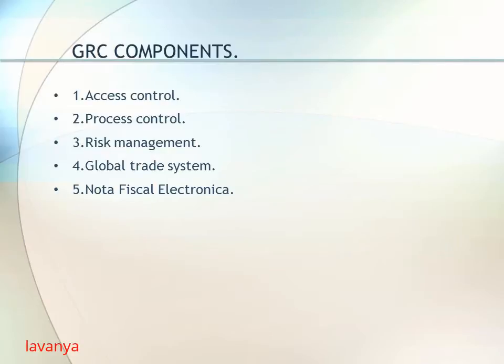For example, if any foreign company wants to establish its business in India, according to the global trade system, it has to tie up with an Indian company and give 51% of its share to India.